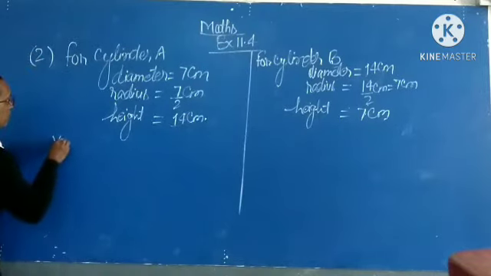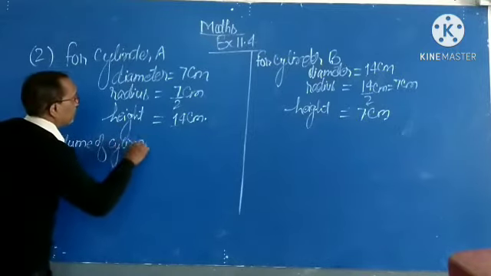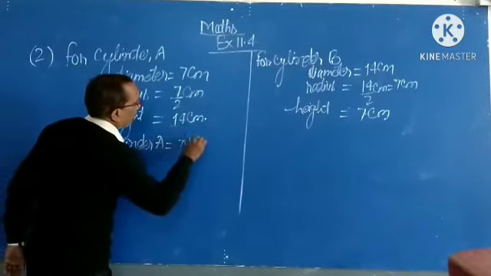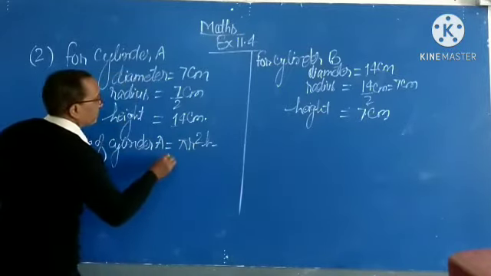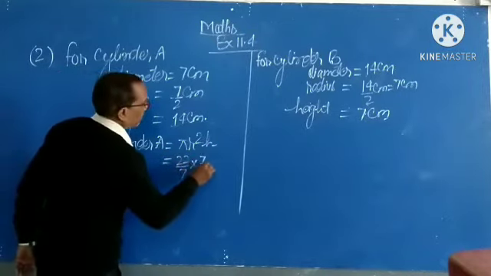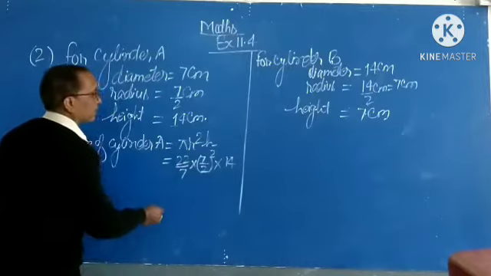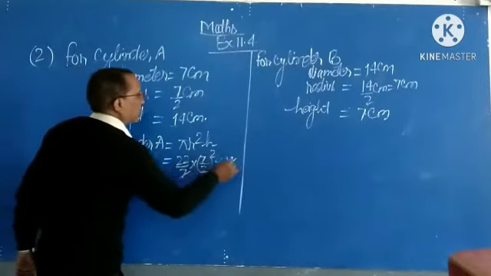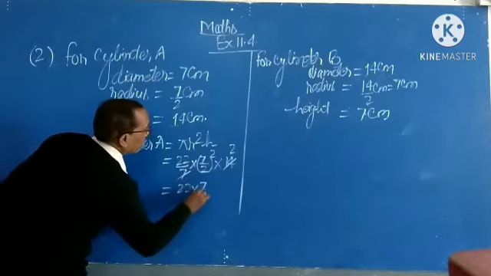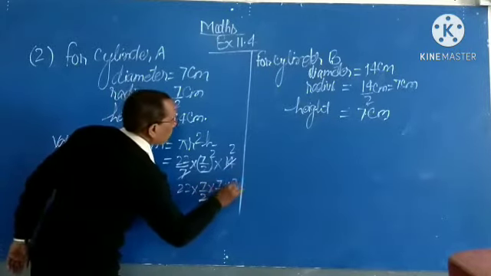Volume of cylinder A is equal to pi r square h, means 22 by 7 into 7 by 2 square into 14. Then you write down 22 into 7 upon 2 into 7 upon 2 into 14.